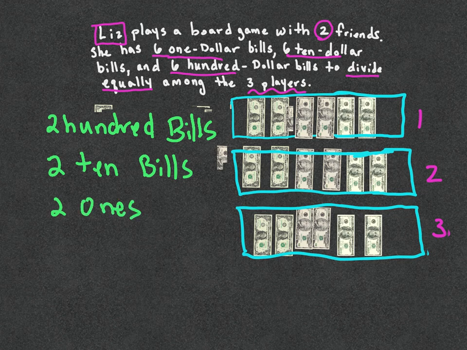Okay, and this is also going to be in bills, right? Dollar bills. So how much is that all equal? 200, two tens, and two ones. So each player is going to get divided up equally. So basically this is saying 600, whoops, that doesn't look nice.